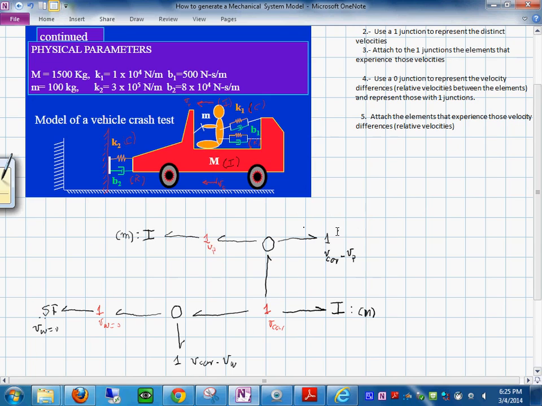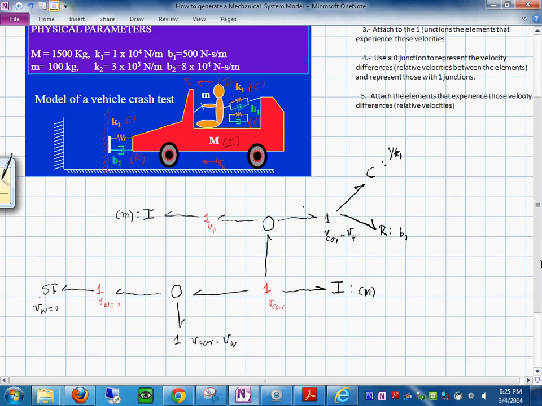Like here, this is going to be the C element in here with this value of C is 1 over K, or 1 over K sub 1. And then also we have a resistive element R with value B sub 1.